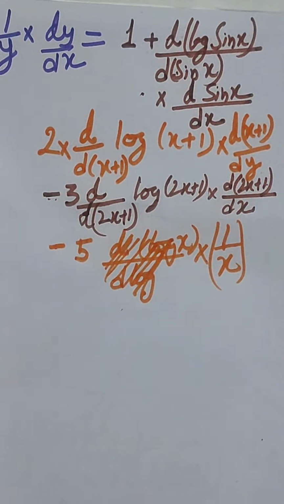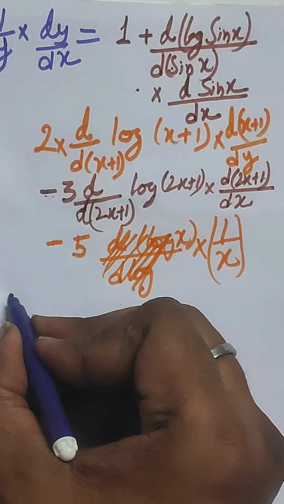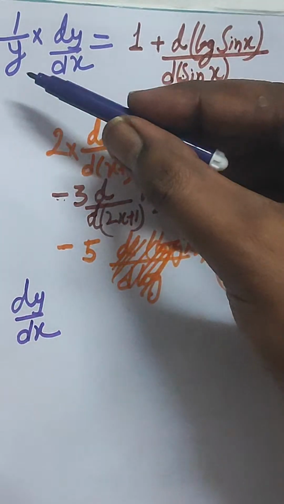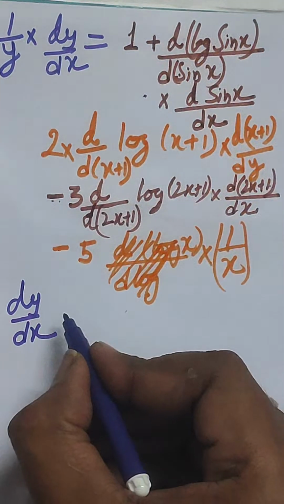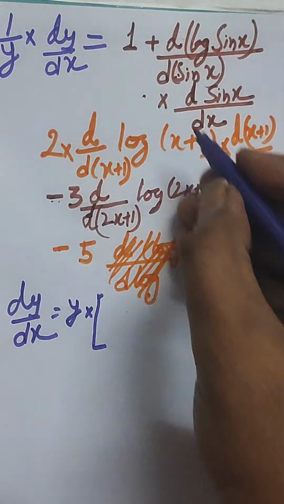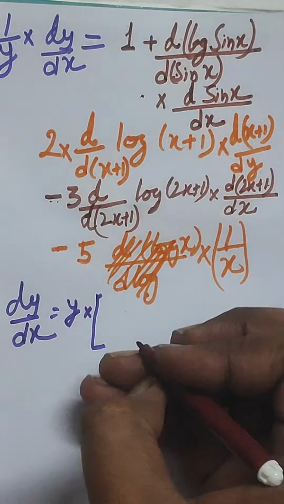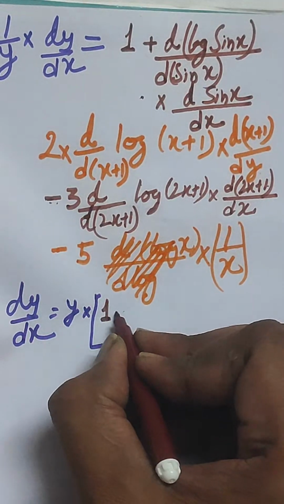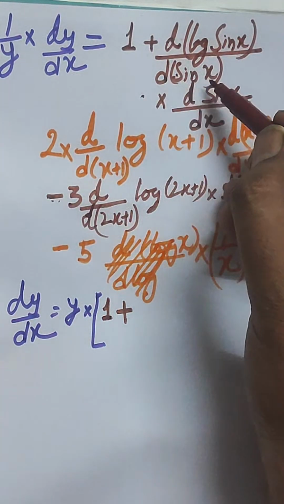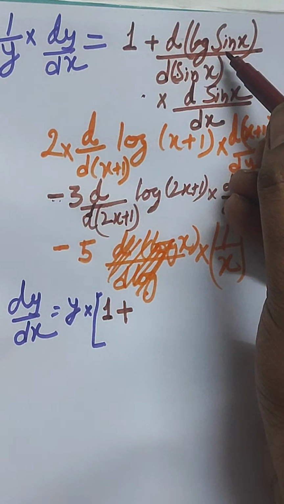I think it's visible. Yeah, perfectly fine. Now in the LHS we have dy by dx, and this y which is already there in the denominator of LHS will be coming into the RHS, and we have in the bracket this one, right? So let me change the pen. So this one plus differentiation of log of sin x with respect to sin x. So log of anything, log of sin x, will be how much?